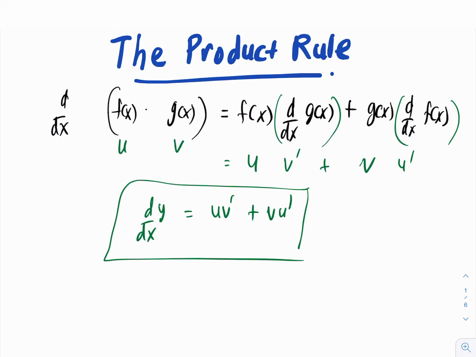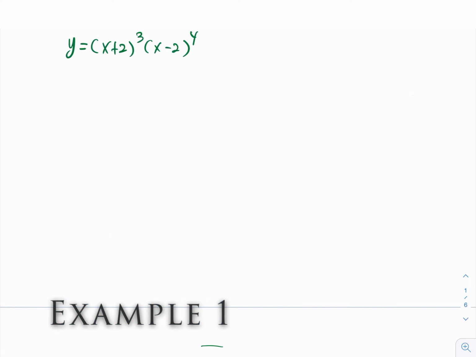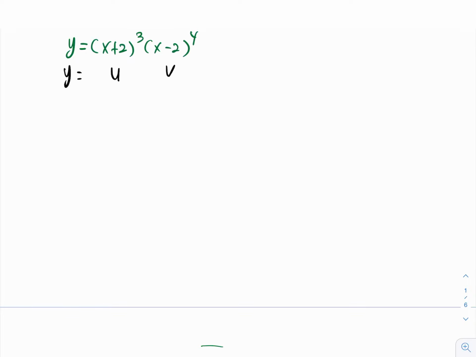So let's look at a few examples. We can do it together. Let's look at this first example. We have y equals (x plus 2) cubed multiplied by (x minus 2) to the fourth. First, we have to find our u and v. Now u is (x plus 2) to the power of 3, and v is (x minus 2) to the power of 4.